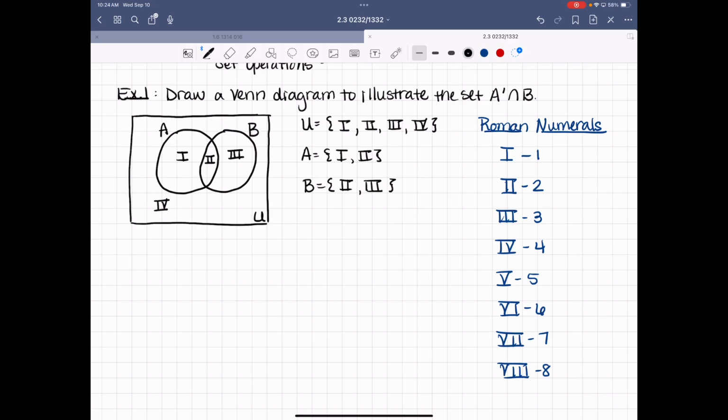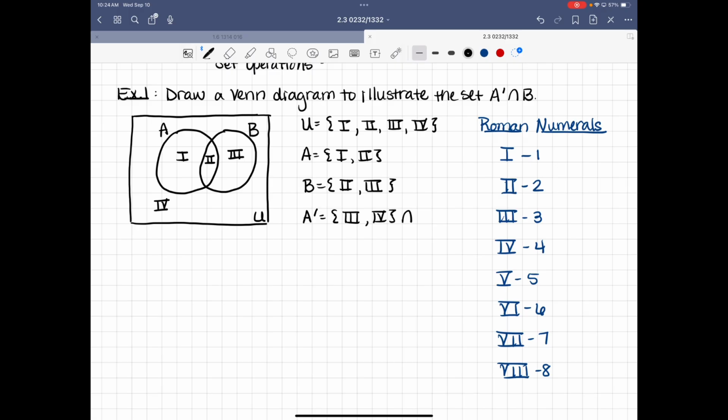So we want to find A complement intersection B. Well, you can find A complement real easily. You know A is 1 and 2, right? What does it mean to be the complement? Everything but that. So who's left? 3 and 4. So A complement is 3 and 4.